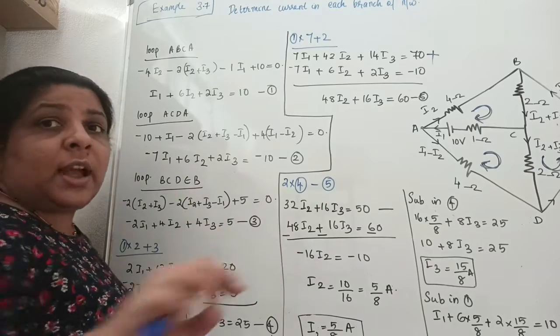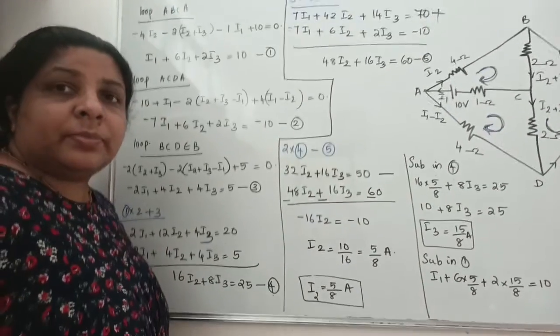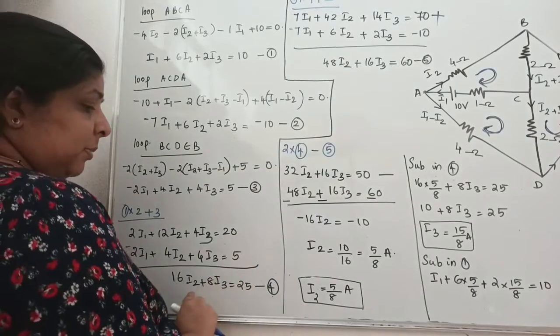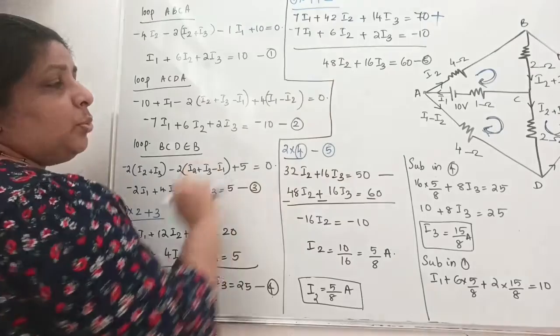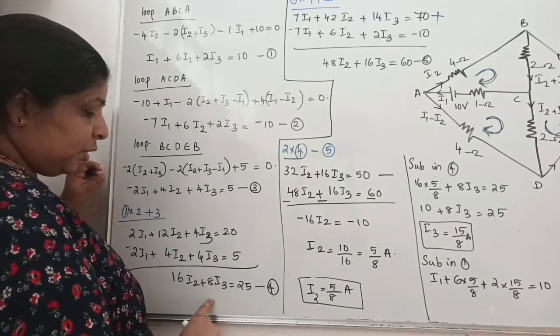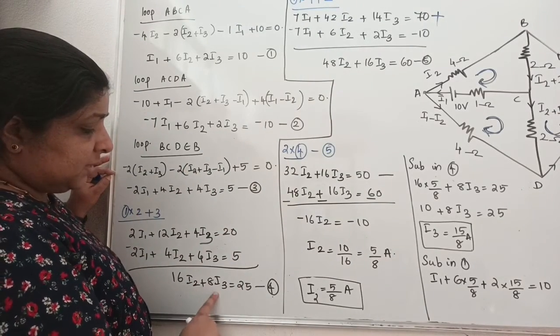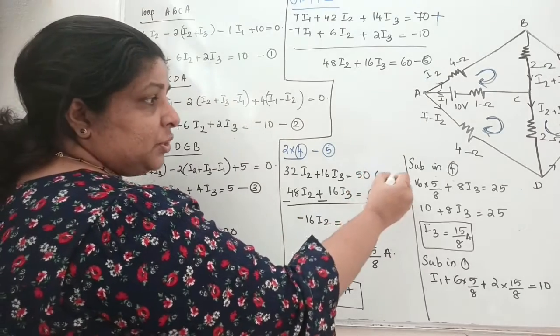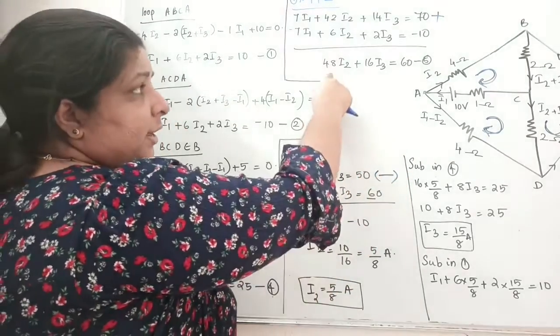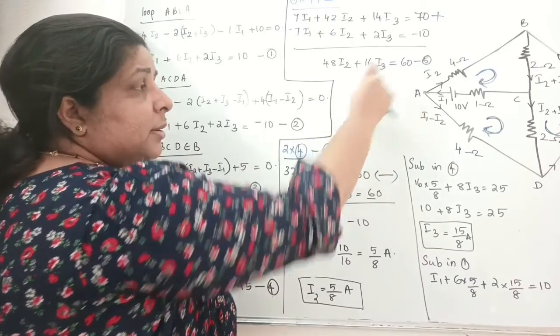Only the I2 term will remain. So I will multiply equation 4 with 2 and subtract equation 5. Equation 4 into 2 means 32I2 plus 16I3 is equal to 50. Minus, here the operation is minus, 48I2 plus 16I3 is equal to 60.